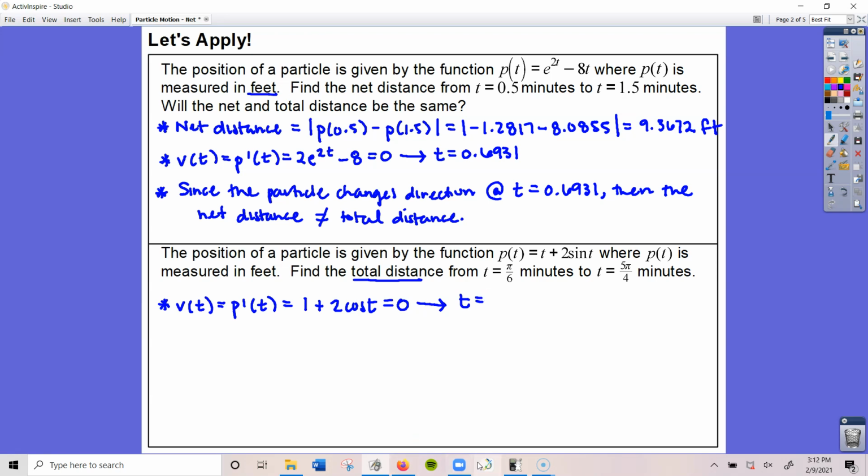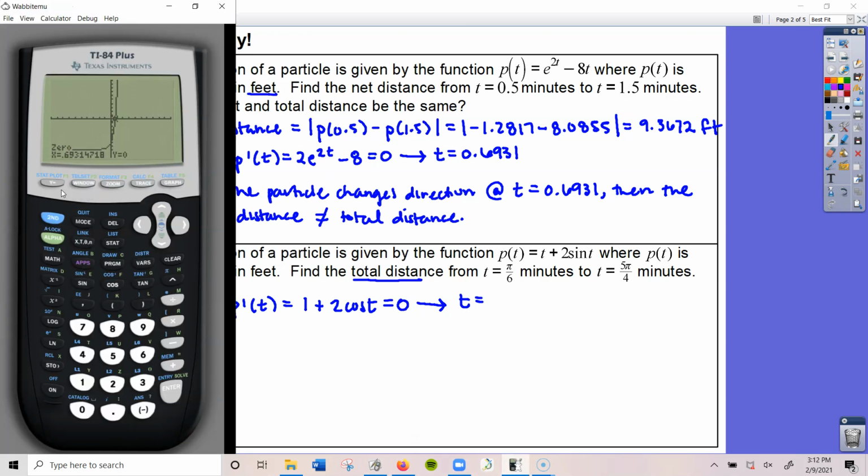So let's go ahead to the calculator once more. We're going to clear this one out. 1 plus 2 cosine of x. And I'm going to actually adjust my window here. Let's do from pi over 6 to 5 pi over 4.